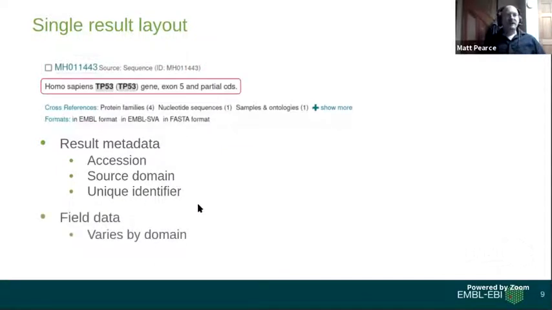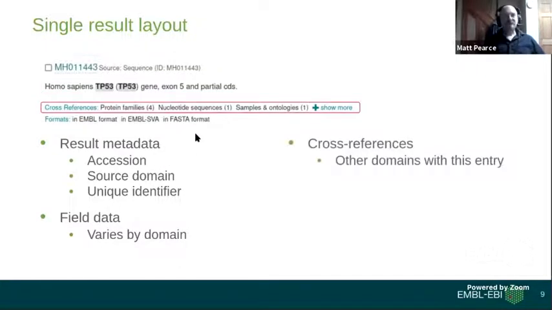The field data, as mentioned earlier, varies by domain. In this case, we've got a brief description of the item. Below that, we have cross-references. This is one of the most powerful features of the EBI search, and allows you to see other domains which reference this entry.